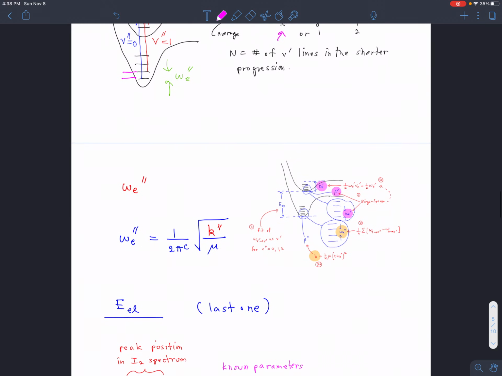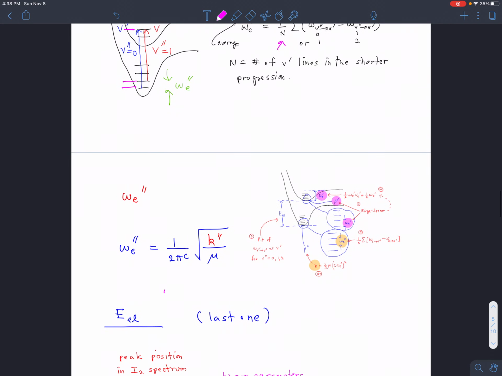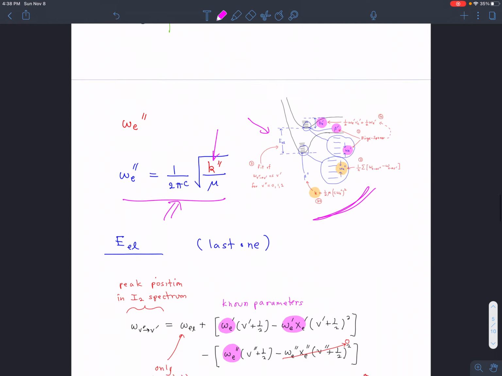So now, using this relationship, I can get the force constant in the ground state. And so now I have 2 more of the values that we want, and the only value that remains is this energy gap between the 2 electronic manifolds.